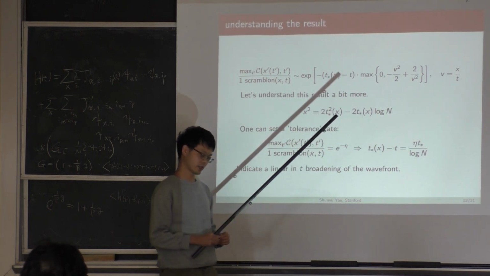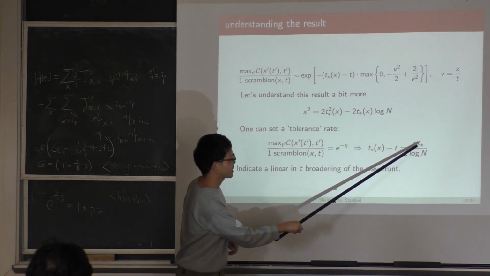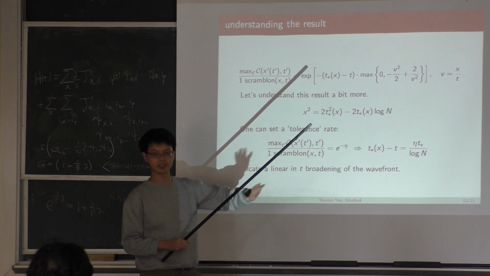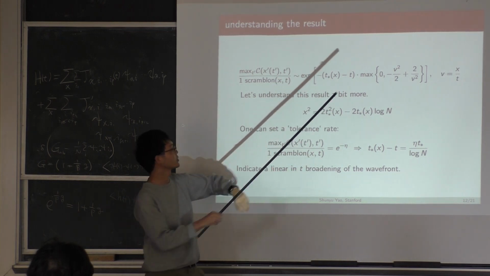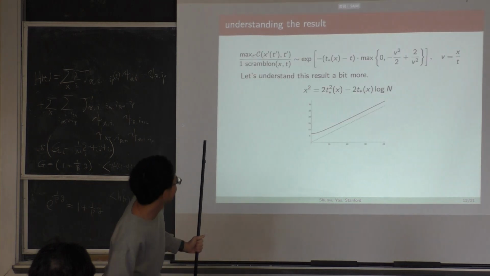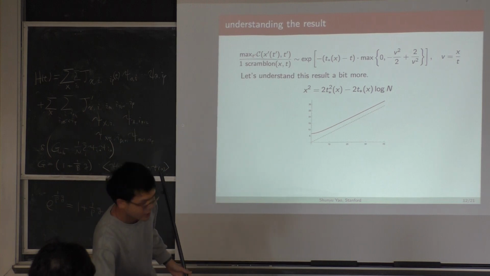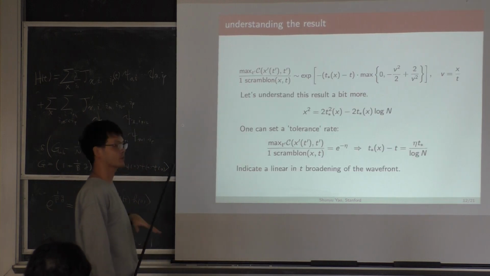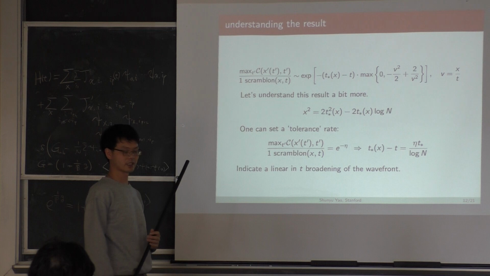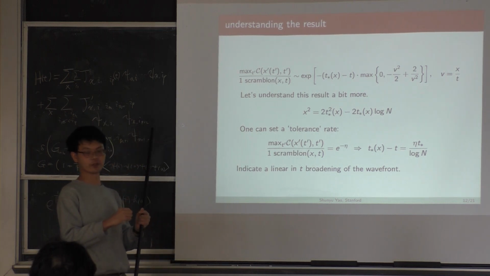So what that means, maybe worth mentioning, is that along this line t is roughly linear in x. If you go along this line very far, then t star is roughly linear in x. So what this tells you is if you set some tolerance rate for yourself, the single scramble answer actually breaks down before the naive wavefront.